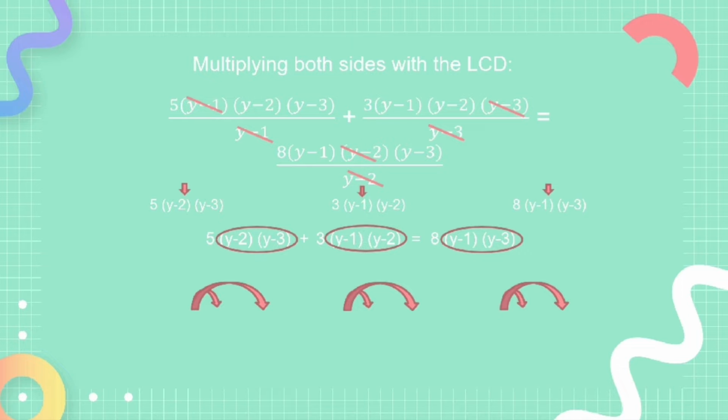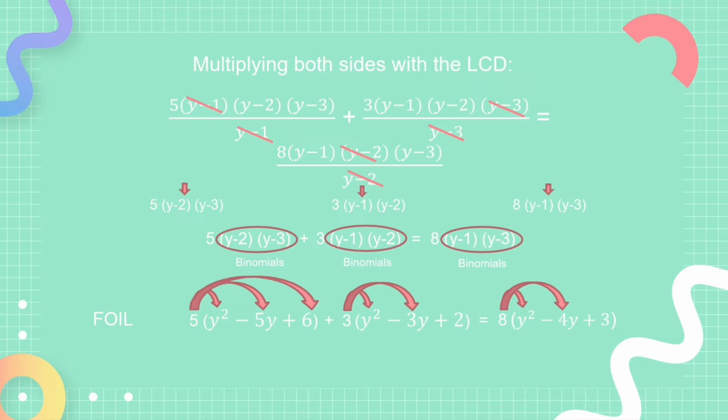What do you notice? Do you see binomials? If that's the case, then what we should do is use the FOIL method, which will give us the result of. Now, let us distribute the constants. Distribute 5 to y squared, negative 5y, and 6. Then distribute 3 to y squared, negative 3y, and 2.